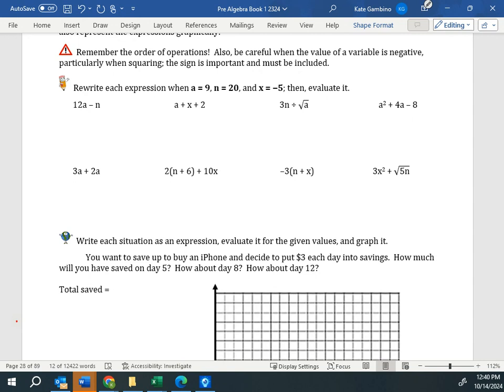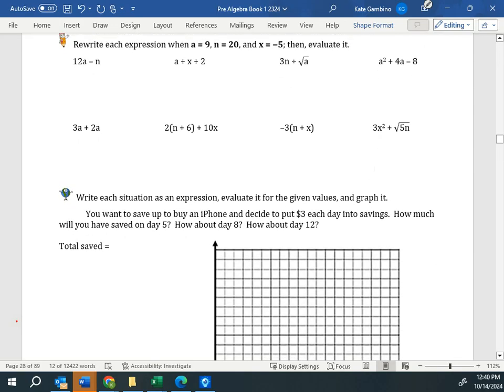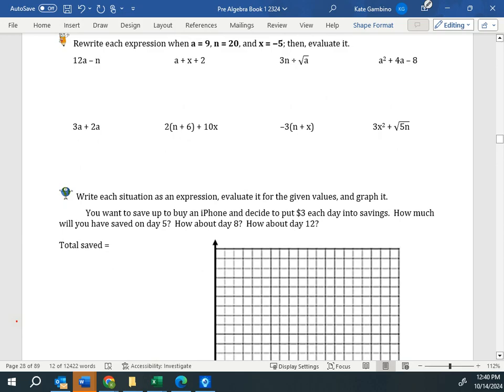Pay attention to those signs. Adding and subtracting with the negatives, multiplying, dividing with negatives, it makes it trickier. So we are going to rewrite each expression when a equals 9, n equals 20, and x equals -5. Then we're going to evaluate it.